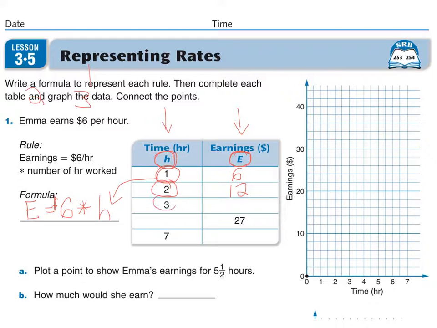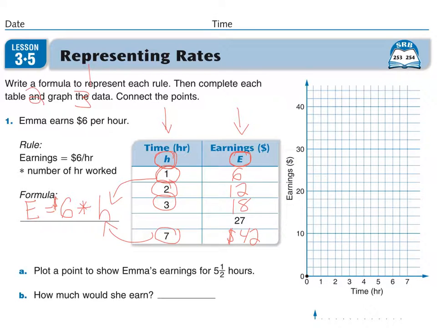I then have 3, and I get 18. I'm going to skip this row and drop down to 7 hours, because if I plug 7 in for my hours, I'd have my earnings equal $6 times 7, so that would be $42. So I've completed that part of the table.